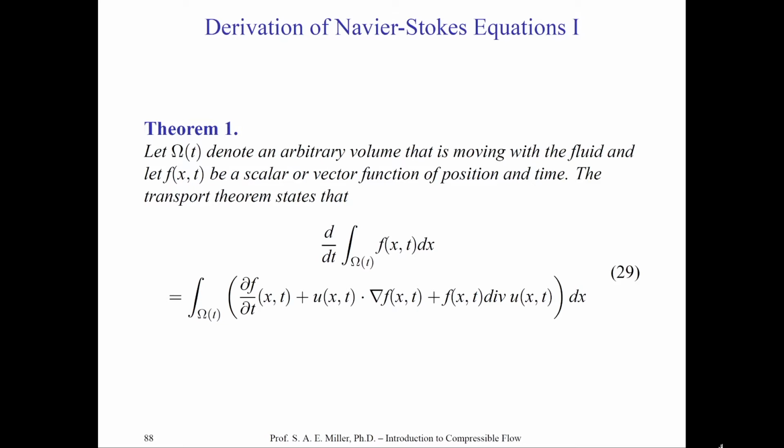And of course, there's a proof for this. The transport theorem says that the ordinary derivative of the volumetric integral over the fluid parcel of f of x and t is equal to the volumetric integral over Omega of t, dx, of the partial derivative of f with respect to t plus the velocity vector u with the inner product of nabla f, plus f times the divergence of u, which is nabla dot u in this case.